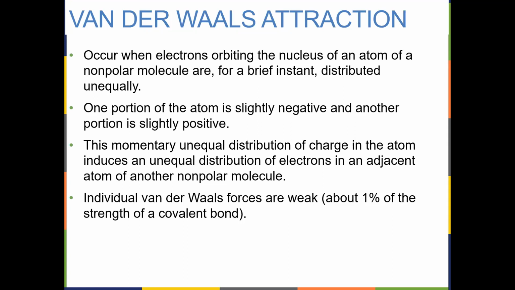One last category here is called van der Waals. Van der Waals is a very, very transitory, very brief attraction that occurs between large molecules that are very close together.